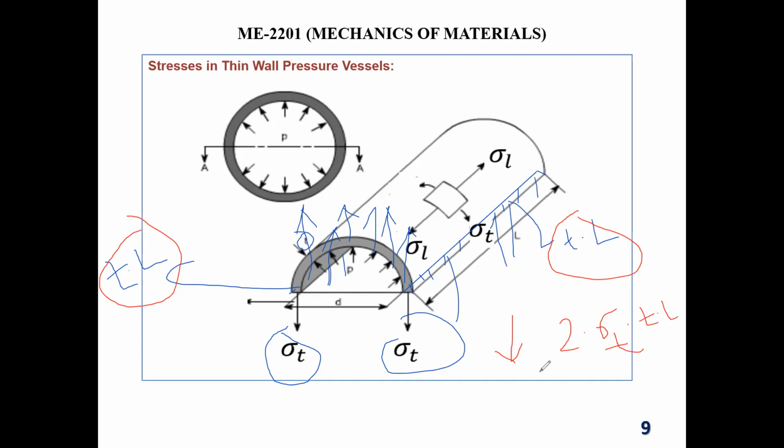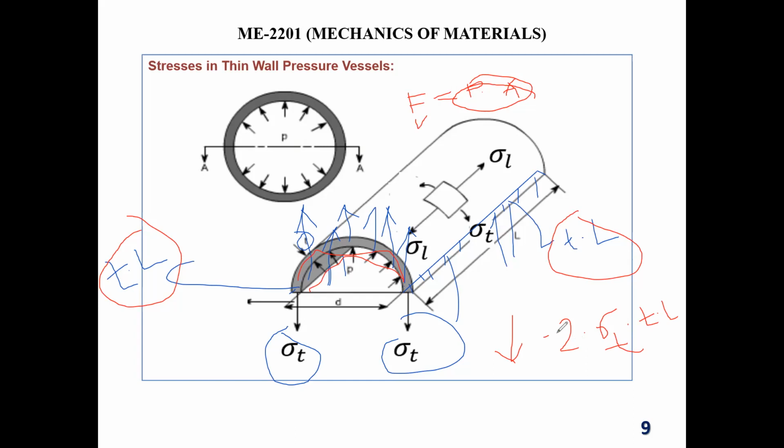Now you see some pressure force working upward. So how will you get the force? That pressure force. We know the force is equal to pressure into area. So if you figure out all the area of this, then you can figure out this force working in the vertical direction.